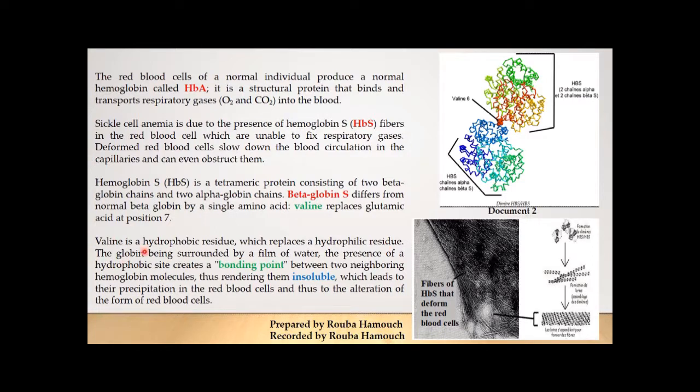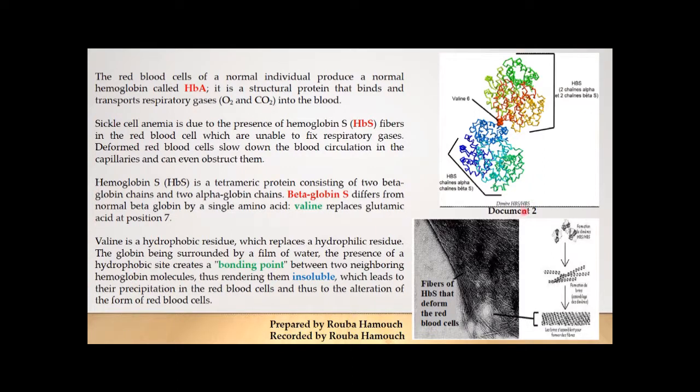So, since the globins are surrounded by water in the cell, the presence of hydrophobic sites in the case of HbS creates a bonding point between two neighboring hemoglobin molecules.